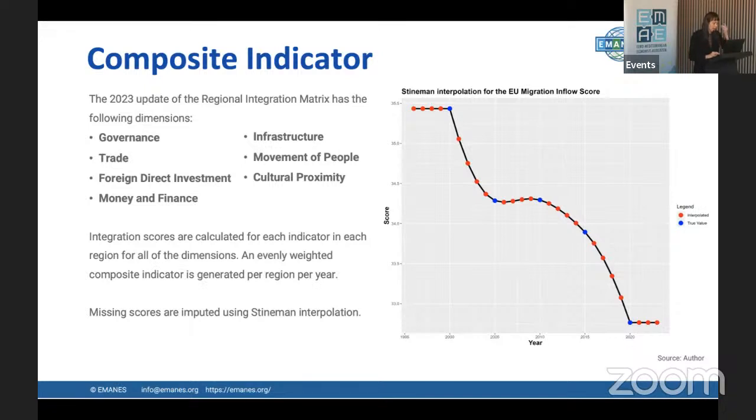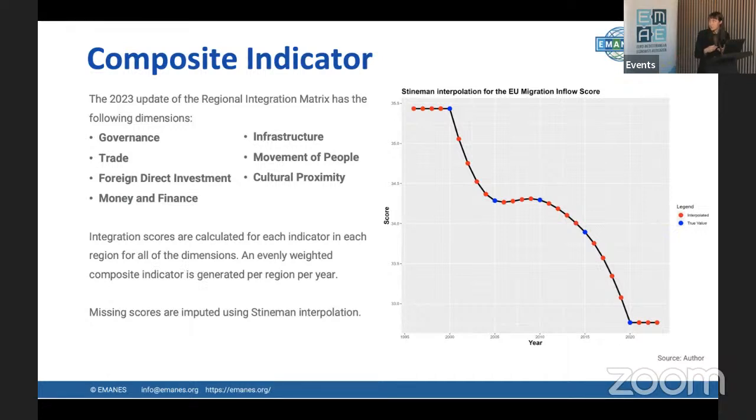The way I handled this was using a method called interpolation, which is a way of defining unknown values between points. It's specifically suited to time series data, because if you look at the example here, the blue points are what we know. And then Steinman is just one method of drawing a line between them.